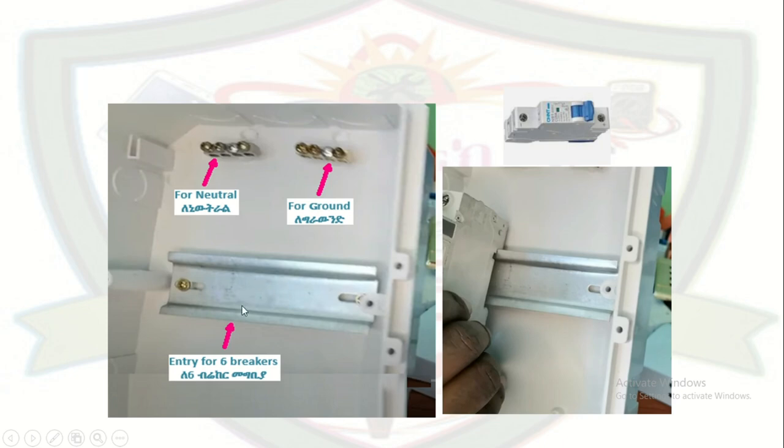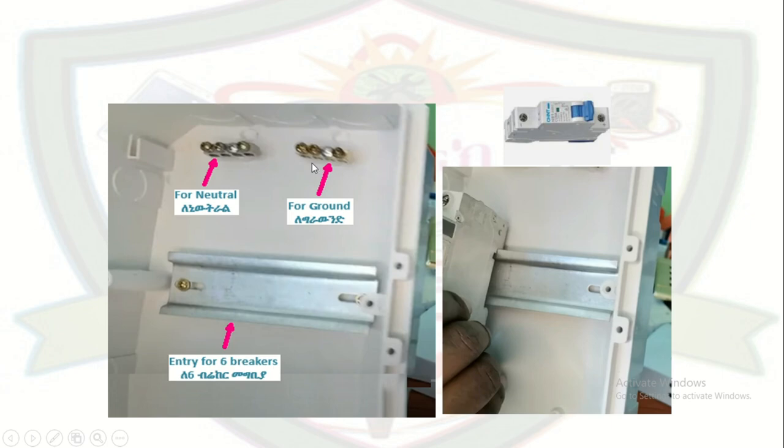For example, for this entry for 6 breakers, in this place we can install this kind of 6 breaker by locking it, as a locking system. This breaker at the back, you can see over here, and it is a common point for neutral.